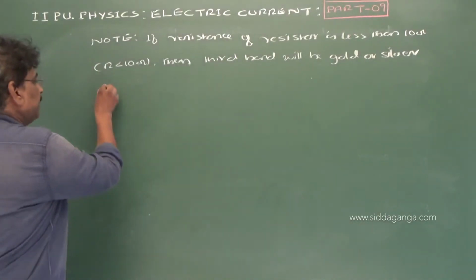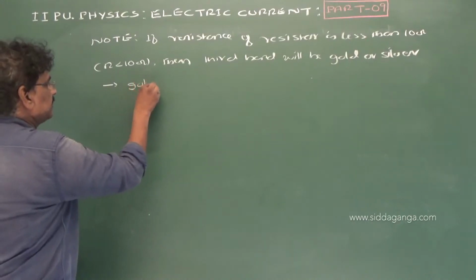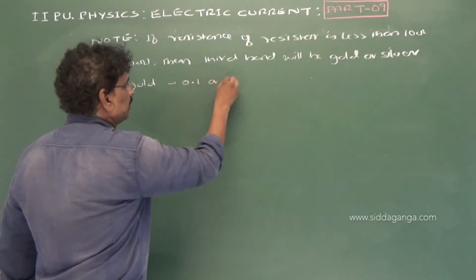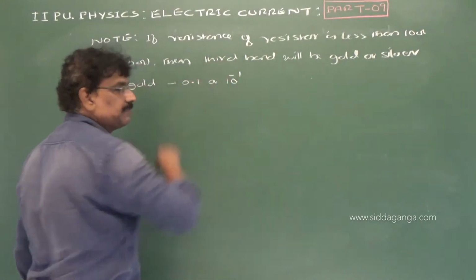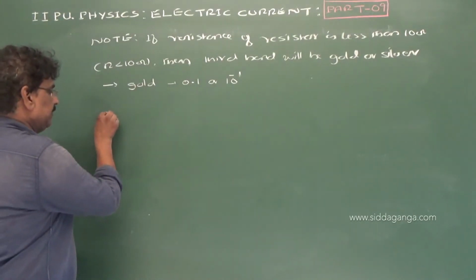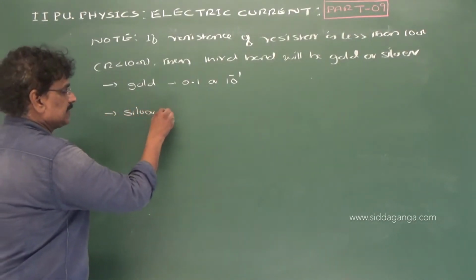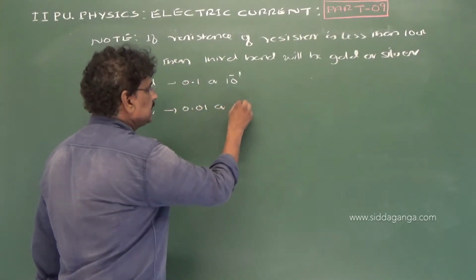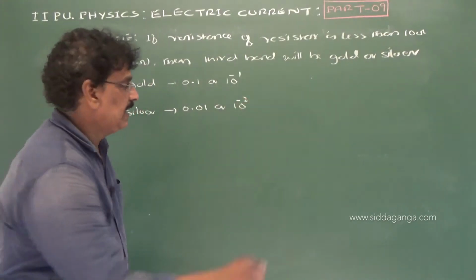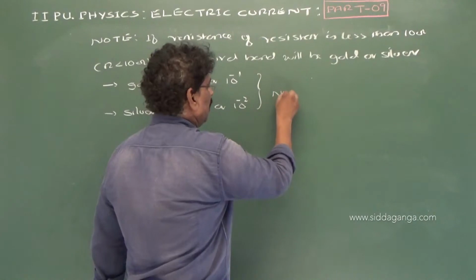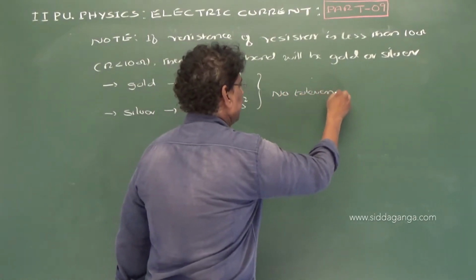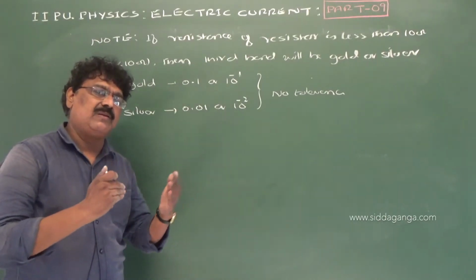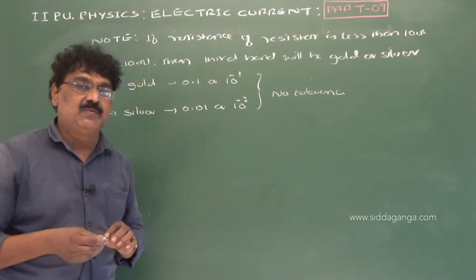Here gold represents multiplication factor 0.1, or 10 raised to the power of minus 1, and silver represents multiplication factor 0.01, or 10 power minus 2, right. Here there is no tolerance because the resistance value is less than 10 ohm. When the resistance value is smaller, then the accuracy is more, right.